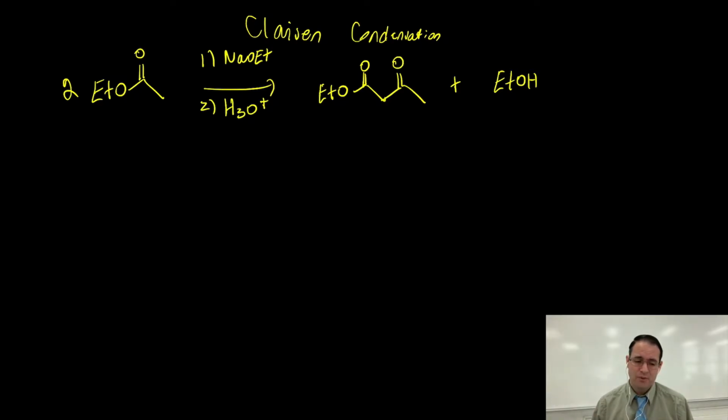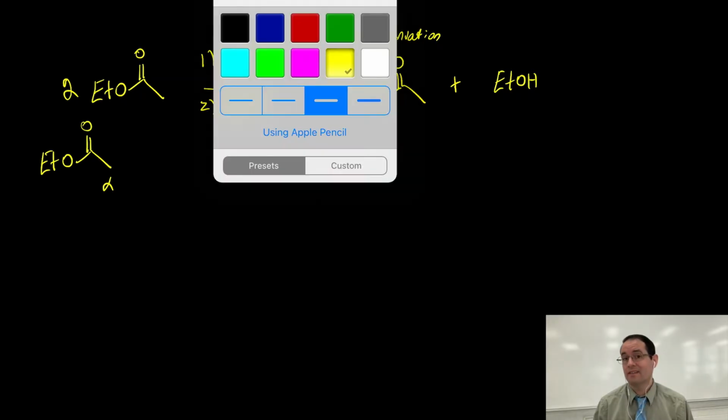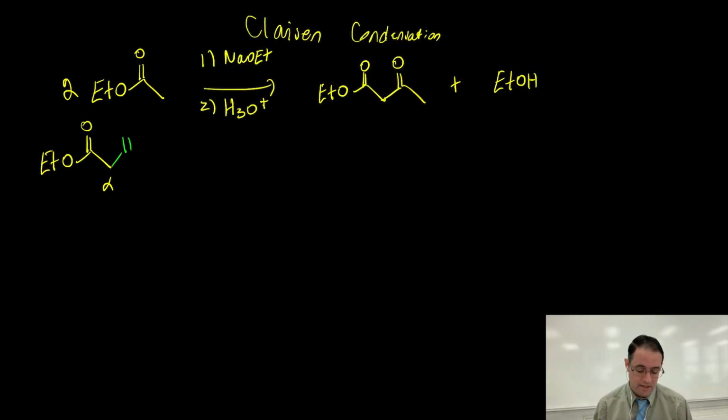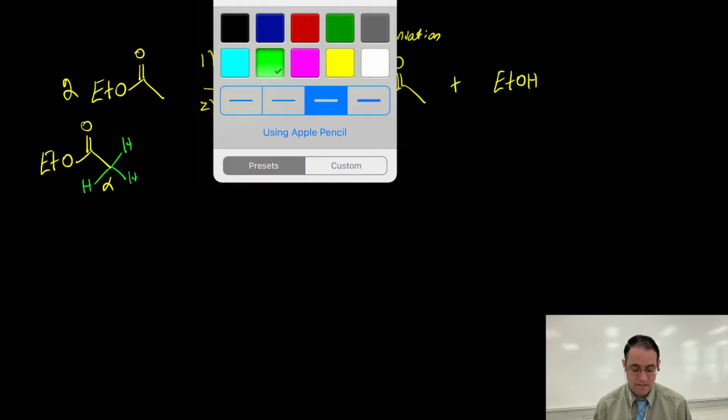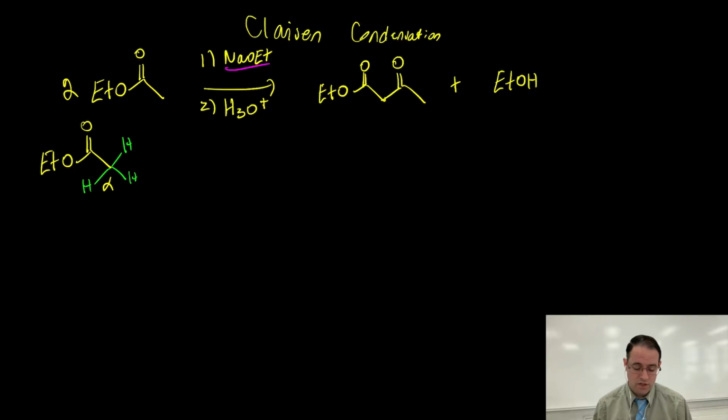So let me take you through the curved arrow reaction mechanism here. It's very critical that you're able to draw this and understand this. And it's basically review of everything we've talked about so far, okay? So step 1, you have your starting ester, okay? And you need to recognize that this is the alpha carbon and we have alpha hydrogens available here, okay? And we have a strong base, sodium ethoxide.